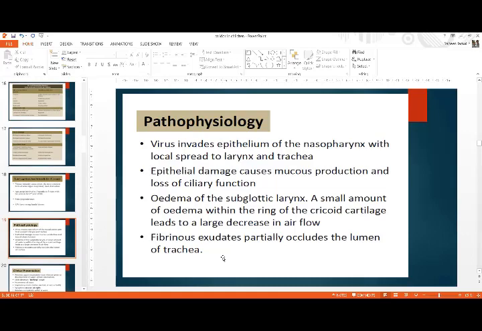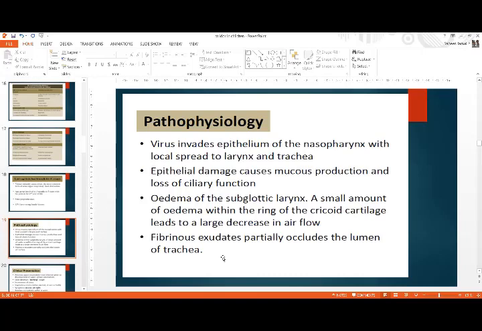So first there is invasion by the virus that causes inflammation of the nasopharyngeal epithelium. Then this spreads from the nasopharynx to the larynx and the trachea. As a result of inflammation, there is epithelial damage, and that causes mucus production and loss of ciliary function. Edema of the subglottic larynx and the cricoid cartilage leads to a further decrease in airflow.